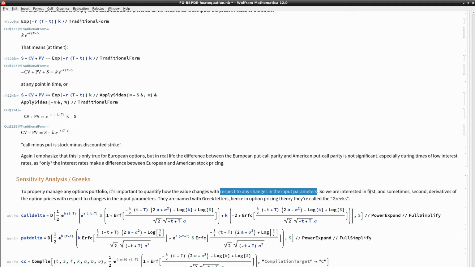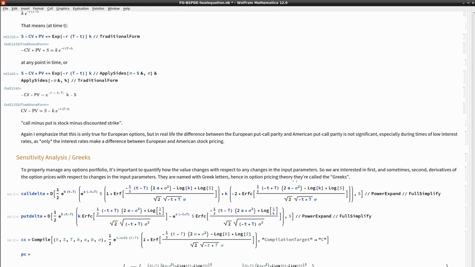So we're interested in things like the first derivative, the second derivative, with respect to the stock price change or the change in time, the time to expiration, because all of these financial derivatives depend on the time to expiration. So we're looking at these first and second derivatives. And in option pricing theory, they are usually named with Greek letters, and hence we call them the Greeks.